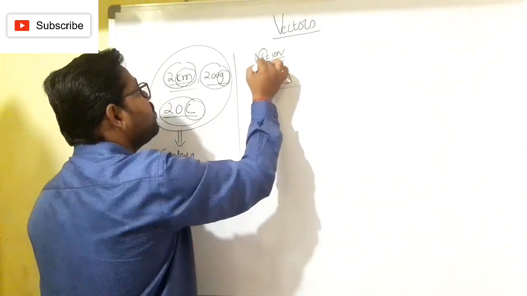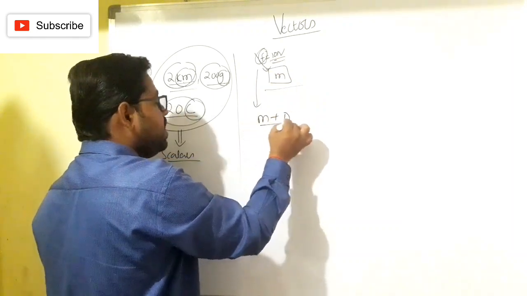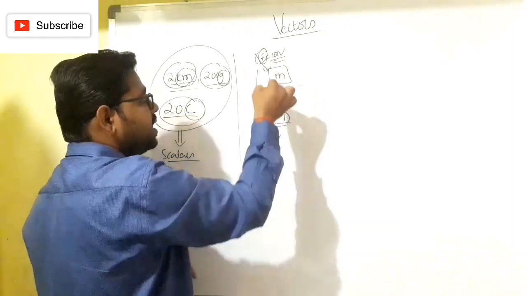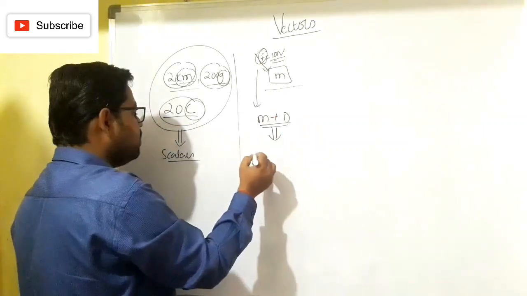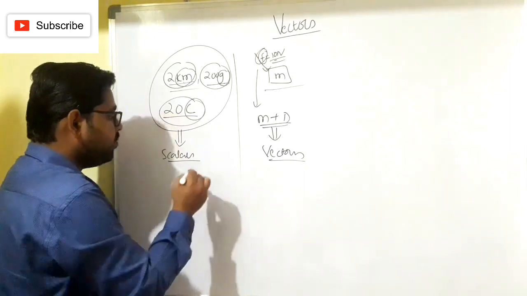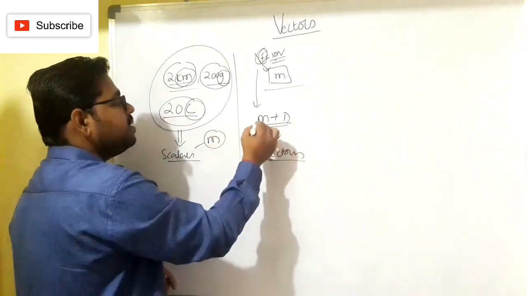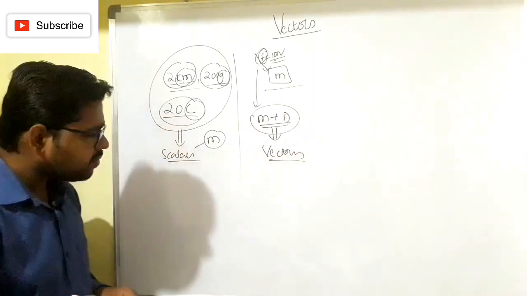This force has magnitude plus direction, and such physical quantities which have magnitude and direction, we call vectors. So this is the broad classification: scalar has only magnitude, vector has magnitude as well as direction.